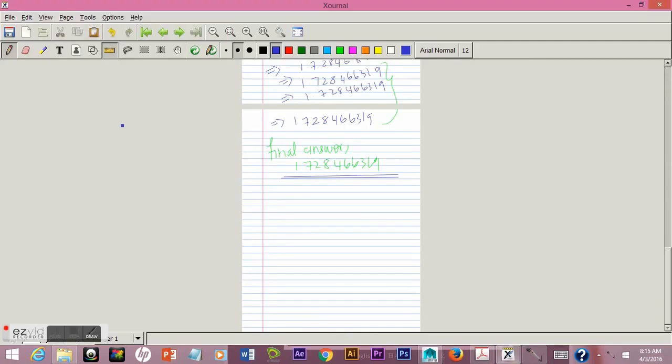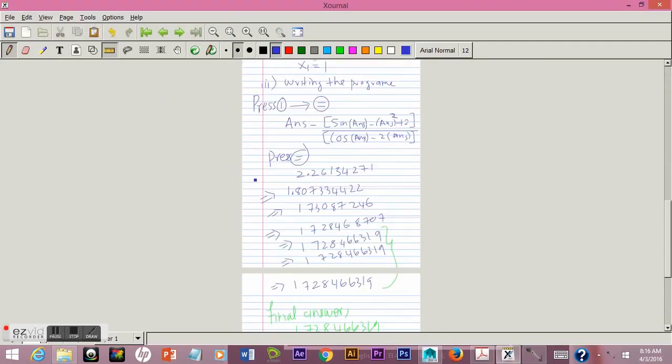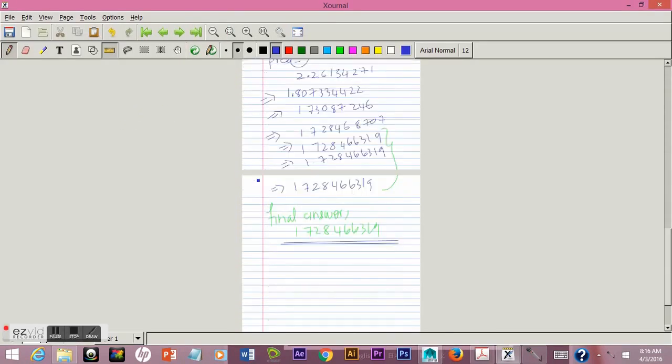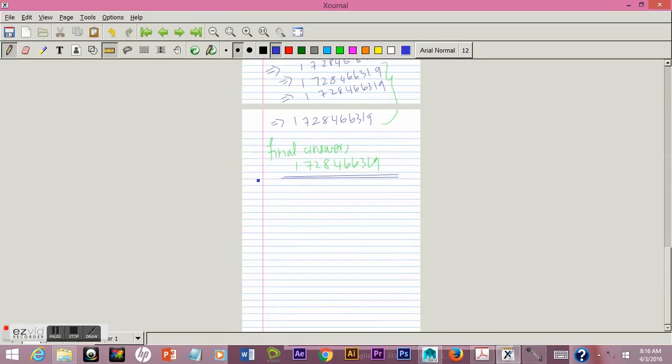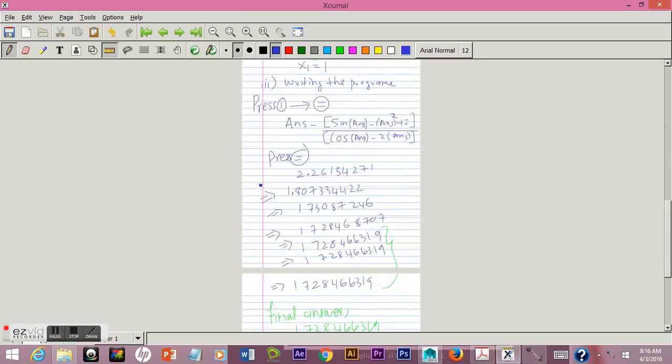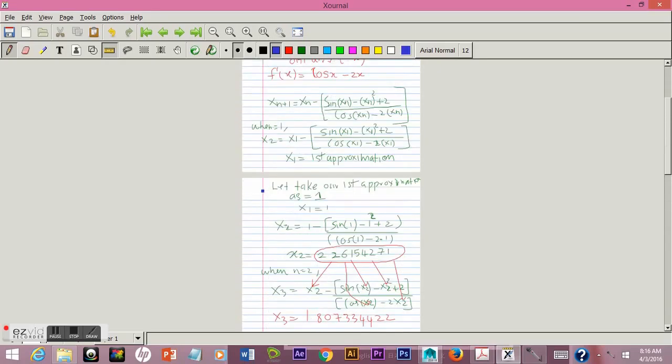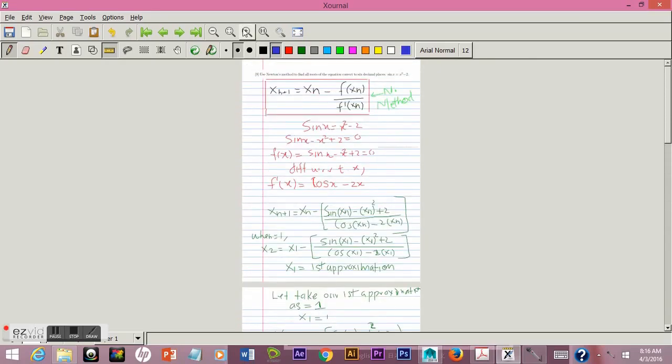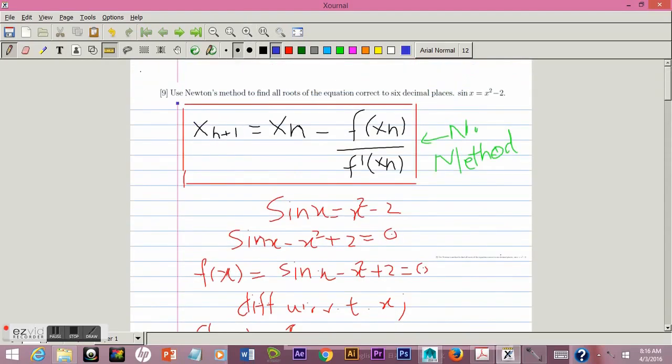So guys, I thought the question was finished, but while I'm doing this question, I got a small doubt, because this question says use the Newton method to find all the roots of the equation. So this equation has two roots.